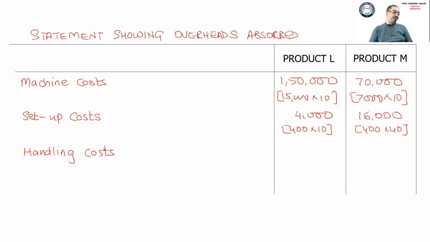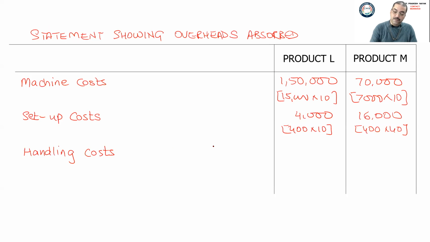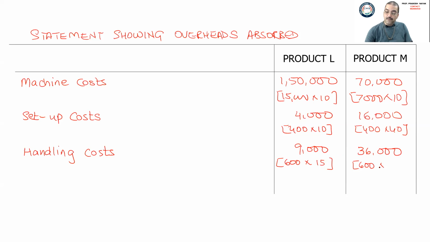Handling cost. 600 into 15 is 9,000. And 600 into 60 is 36,000.